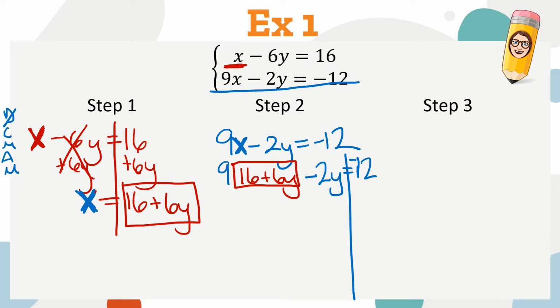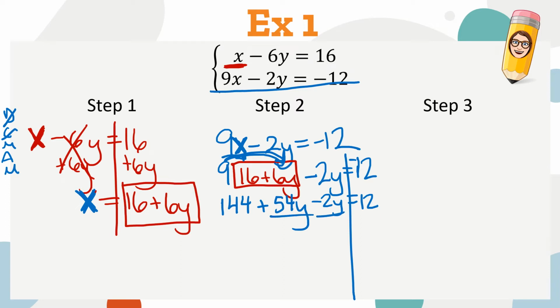First step, distribute. Check. Let's distribute that 9 into the parentheses. The fact that it's big numbers doesn't matter. So let's take 9 times 16, which gets us 144. Then let's take 9 times 6, which gets us a positive 54y. Everything else falls down. Our next step is combining.